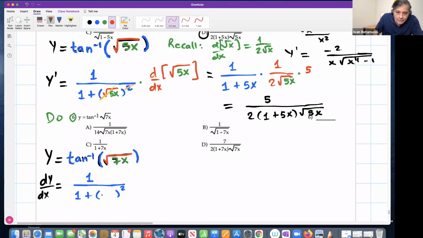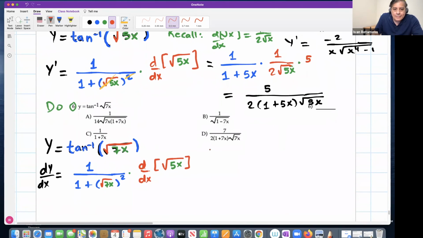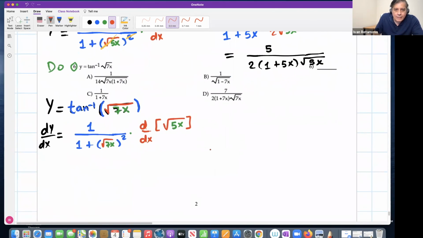The function is square root of 7x, right? For a moment, this is the inside function, times the derivative with respect to x of this function, square root of 7x, which is itself a composite function, right? Very good. Now, this becomes the following.